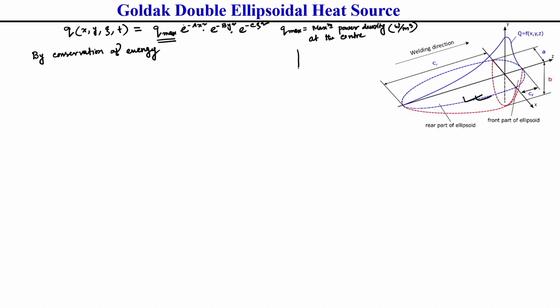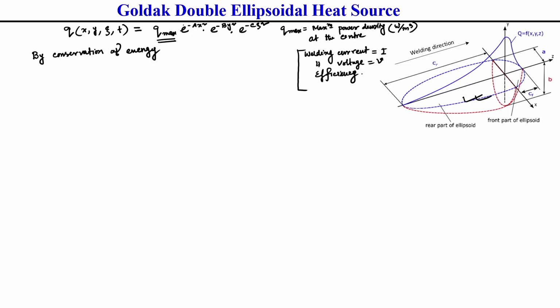So, let us consider this welding power source providing a welding current for generating this arc equal to I, welding voltage equal to V, and let us consider the power source efficiency.